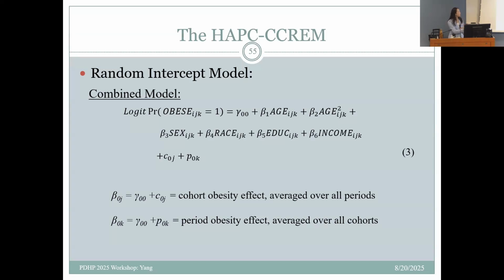I will show next in the random effects and level 2 covariates part, which is also in the book chapter, where we also specify cohort level education and period level education.